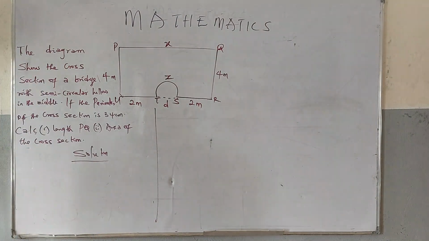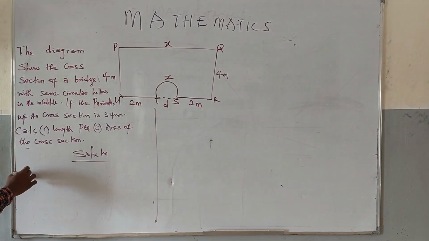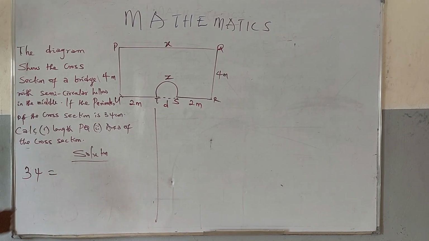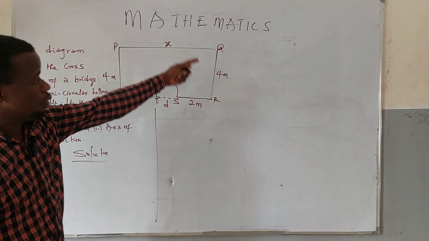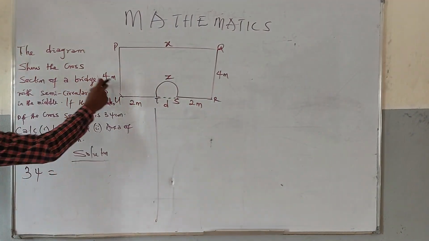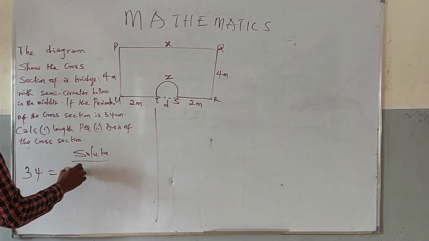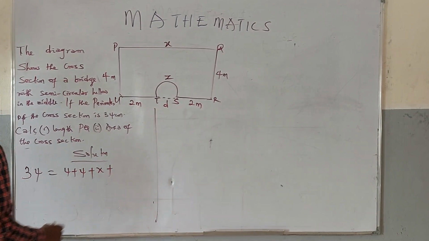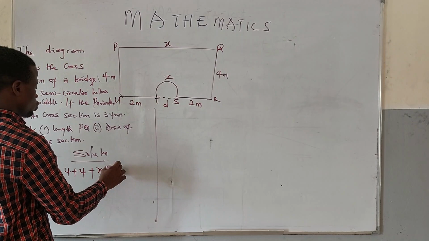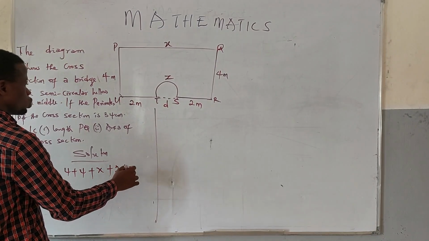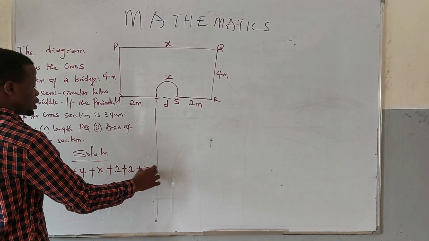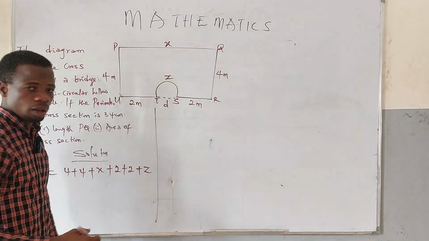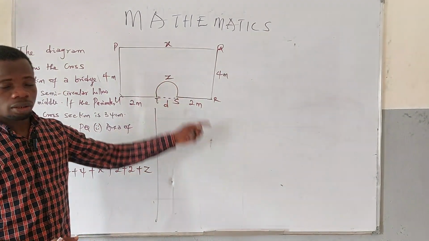So let's start with this. You can say 34, that's the perimeter, right? And the perimeter of any shape is the addition of all the sides. So we have 4 plus 4 plus x plus 2 plus 2, then plus z.